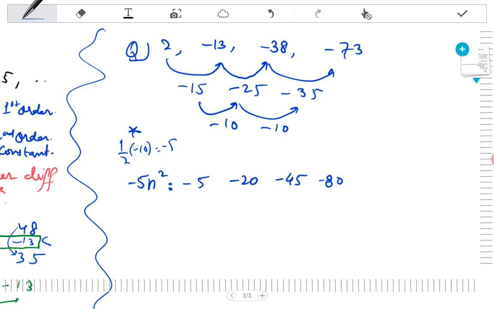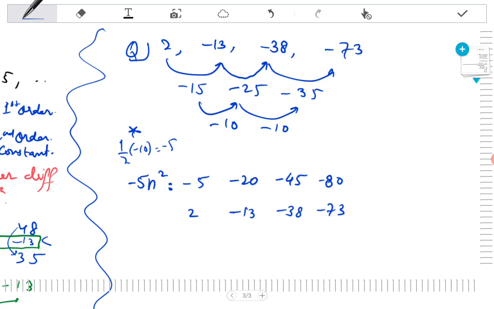But the original question has 2 instead of minus 5 in the first term, minus 13 instead of minus 20 in the second term, minus 38 in the third term, and minus 73 in the fourth term.